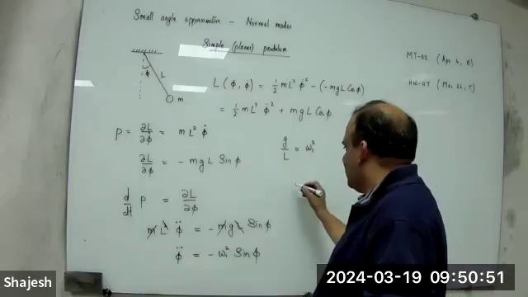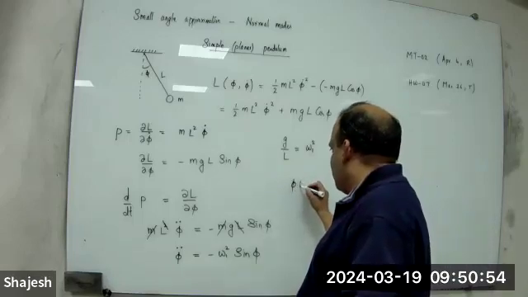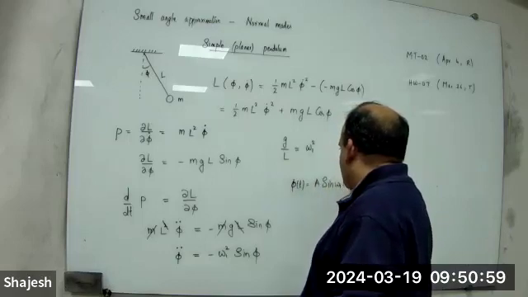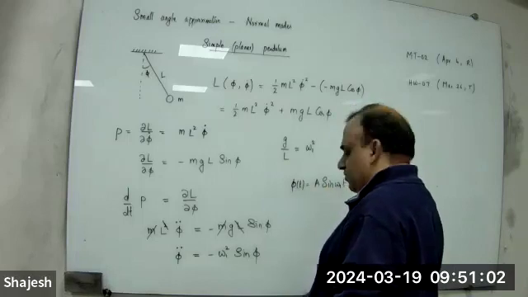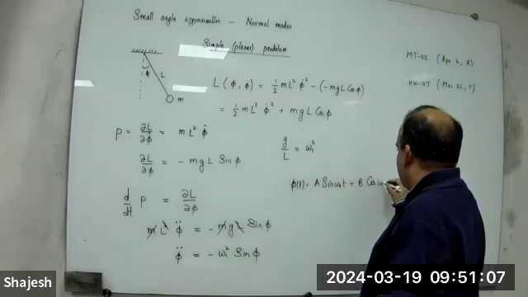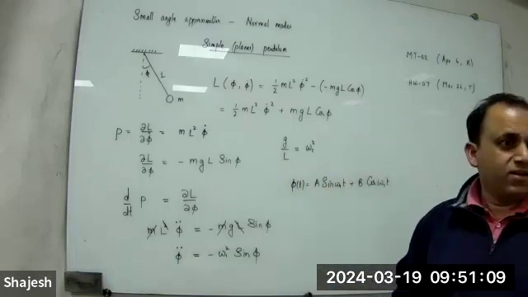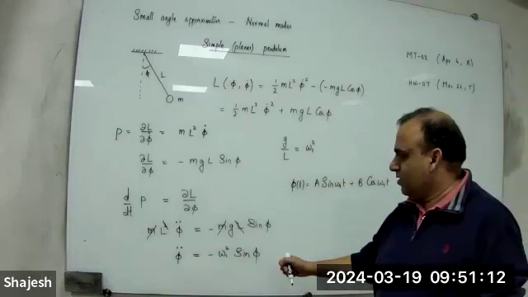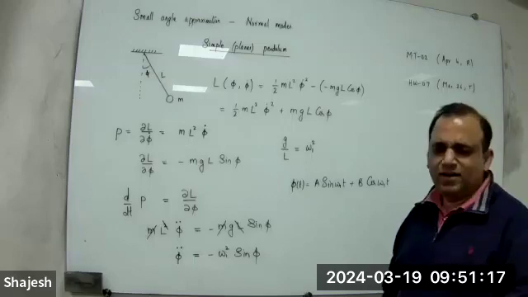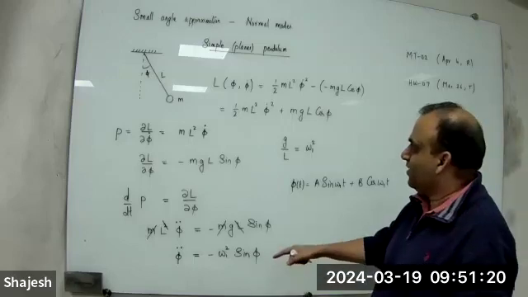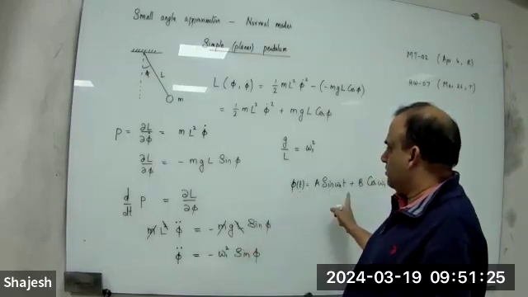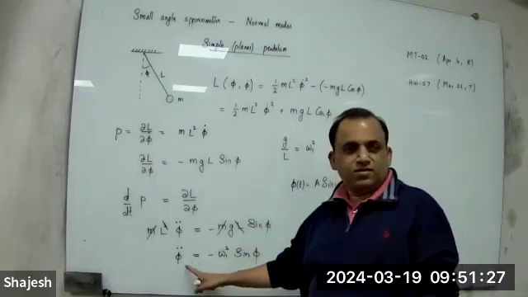My question is, is the solution for this A sine omega 1 t plus B cosine omega 1 t? Is that correct? That one is with phi of t, this one is a derivative of phi of t. Like this one is a regular phi of t equal to A sine omega t plus B cos omega t. But this one is second derivative.